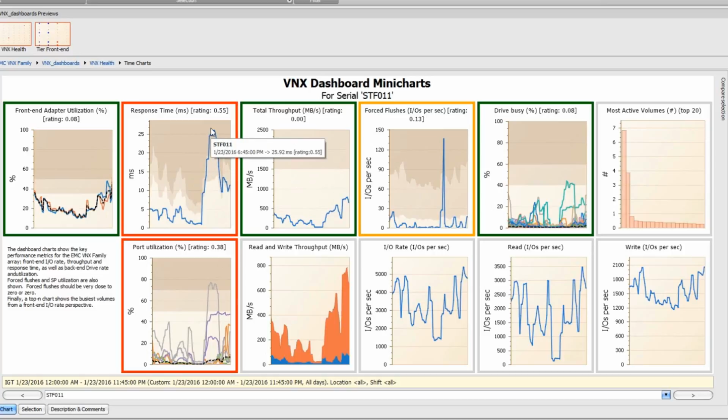Looking at this port utilization chart, we're seeing that the port utilization on one of these ports is very high during the same time when the response time is high. We don't see a corresponding issue on the SPs. The SP utilizations are looking pretty good. They're pretty low and healthy, and they're showing green.